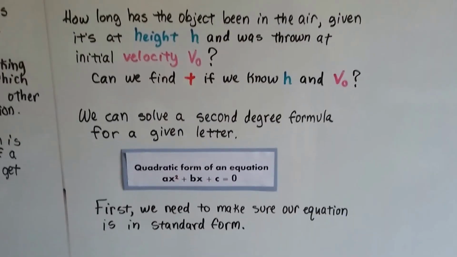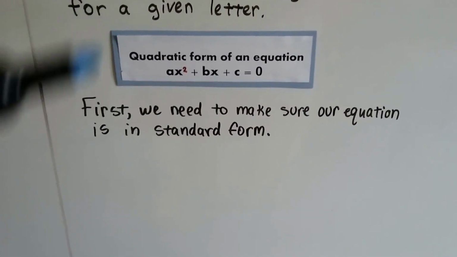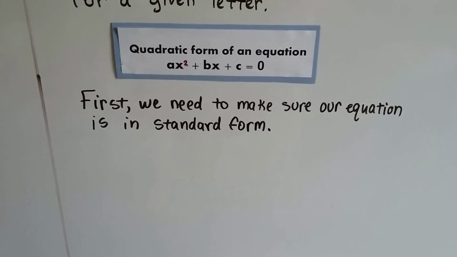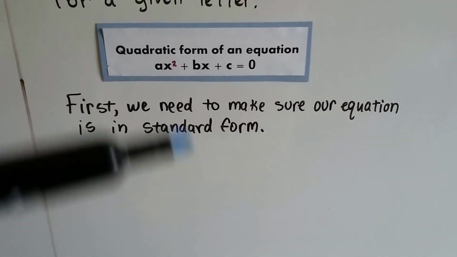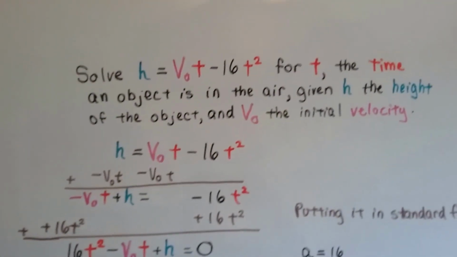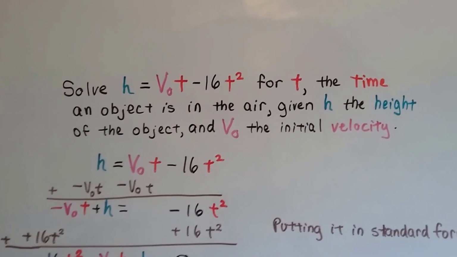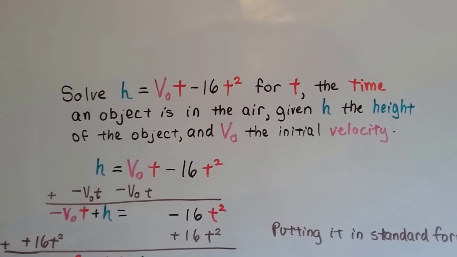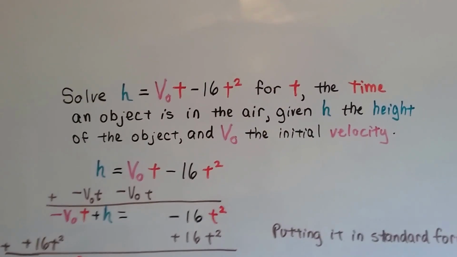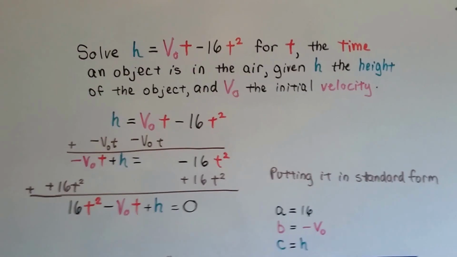Well, we can solve a second-degree formula for a given letter. First, we need to make sure that our formula is in the standard form of a quadratic equation. So to solve h equals v sub 0 t minus 16t squared for t, the time an object is in the air, given h, the height of the object, and v sub 0, that initial velocity, we need to put it into standard form first.